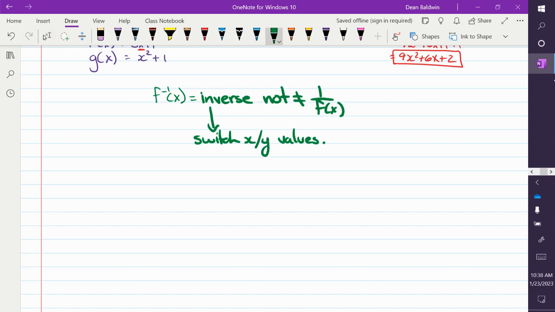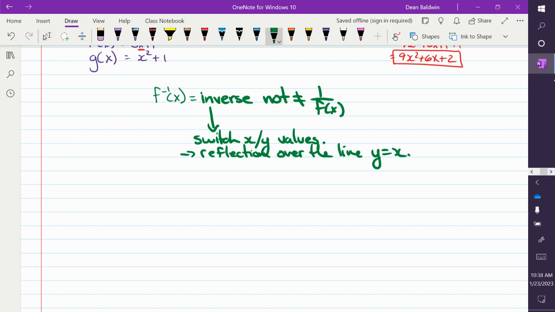It's also a reflection. This ties into transformations. I'll do that in a sec here. A reflection over the line y is equal to x. Remember that?